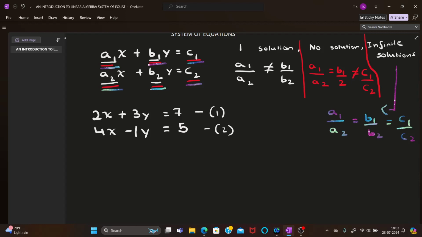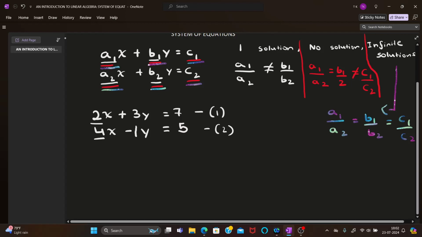So now, just looking at this, we can find out how many solutions this system of equations has. So a1 over a2, so 2 divided by 4, and this is b1 and this is b2, which is 3 divided by -1.